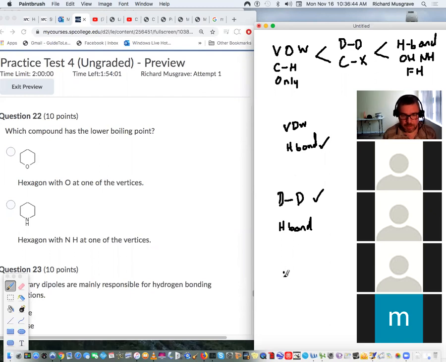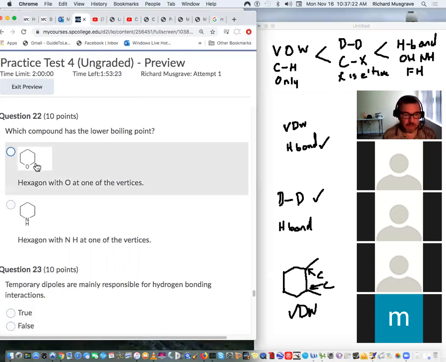Well, look, if it was just C's and H's, it would look like this, David. It would have just been dots and lines. That would be CH only. That would be van der Waals. Remember, each of these represents a C. Every one of those represents a C. So DD would be CX, that's when you've got C connected to X, which is anything electronegative, a non-metal.